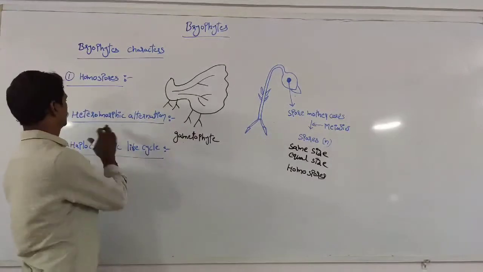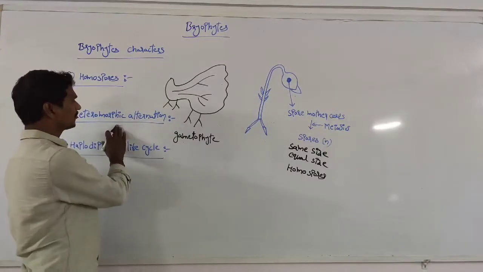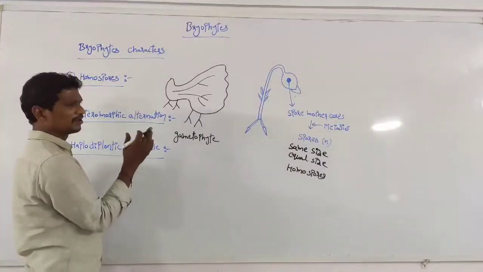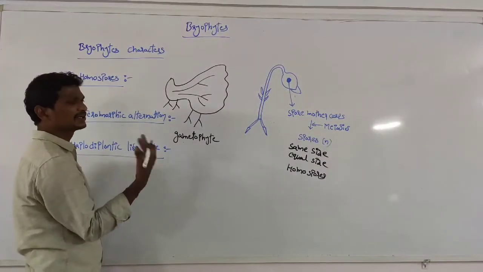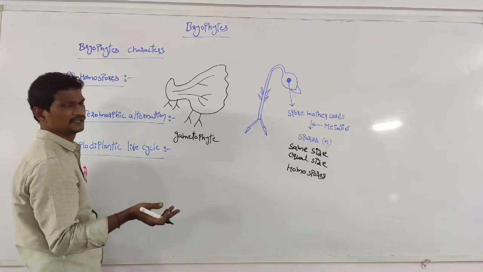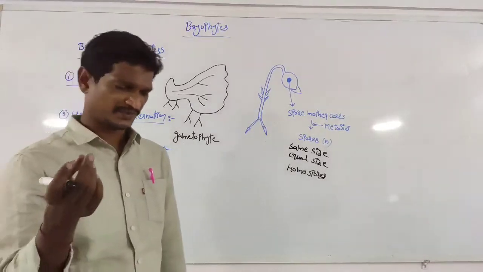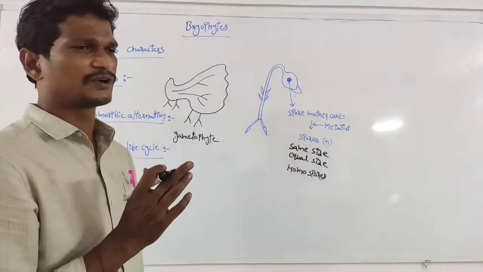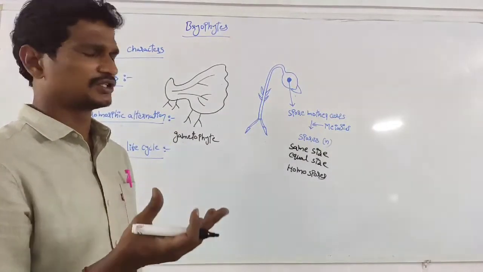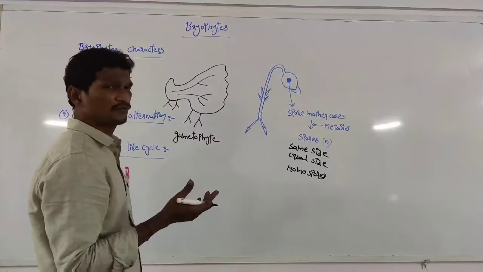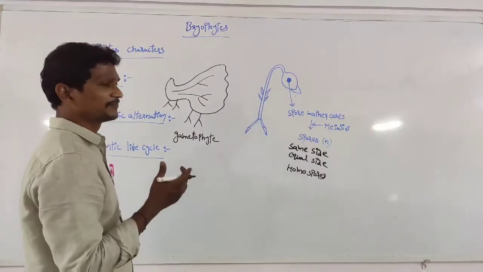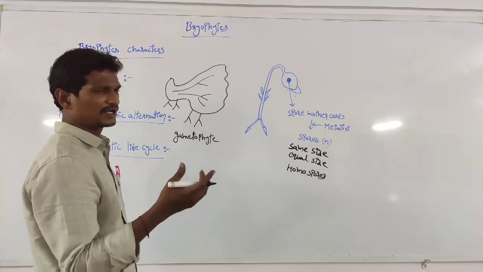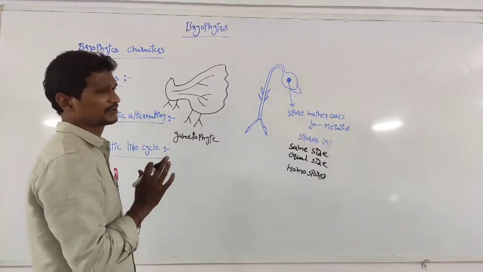Hetero means different, morphic means morphology. Heteromorphic means different morphology. Alternation means changes. Within the bryophyte life cycle, changes take place from one stage to another.